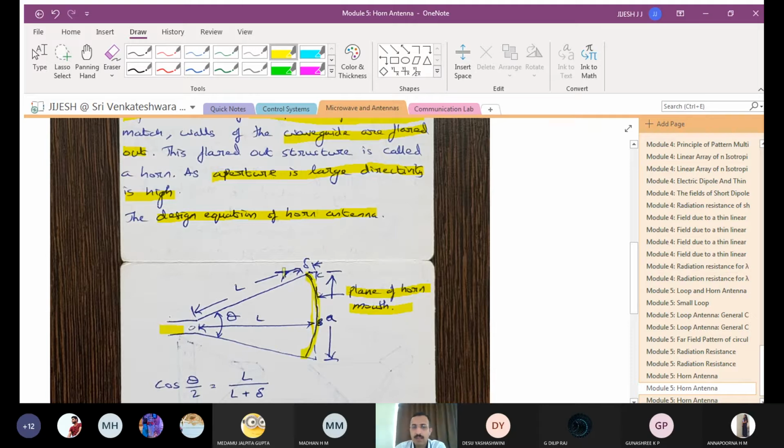The length of the antenna is L. This small portion is called delta, and from this point to this point it is A. The entire flare angle is theta. All these parameters we will use to calculate the equations.